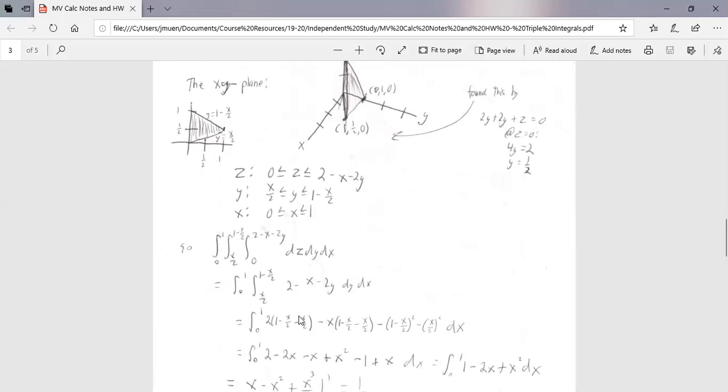Deal with y now. Plugging this in gives us 2 times y, which I've already replaced with 1 minus x over 2 minus x over 2. Then minus x times y, which is the same thing, and then minus y squared, which is just going to be (1 minus x over 2) squared minus (x over 2) squared.